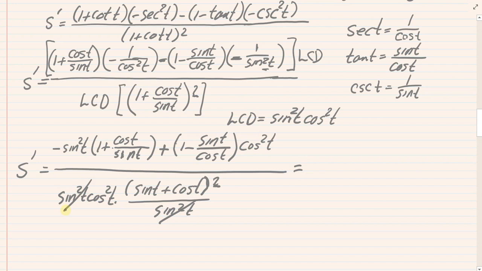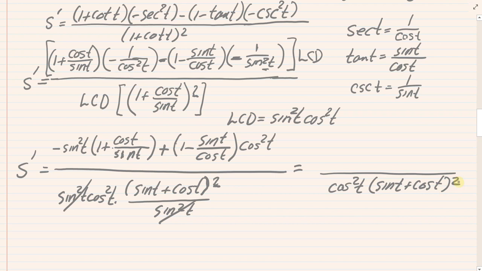Now, let's distribute one more time in the numerator and now in the denominator. Let's see what's going to happen. The denominator isn't going to change much, because I took out sine squared t. So my denominator is actually going to be stable now. It's going to be cosine squared t times sine t plus cosine t squared.